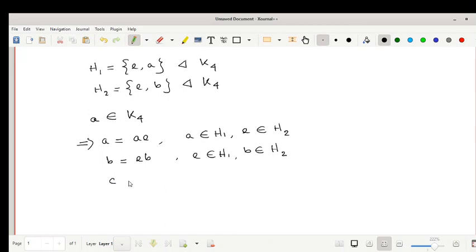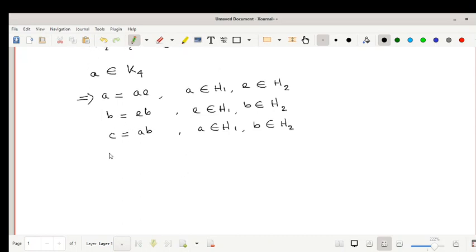If you choose C from K4, then C is expressed as AB, where A belongs to H1 and B belongs to H2. And see that this expression is also unique. You cannot express C in any other way. And if you choose identity, then that is very easy. Identity times identity, where identity belongs to H1 and identity belongs to H2.